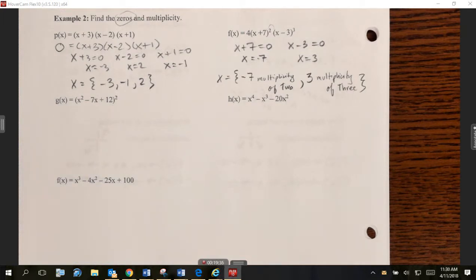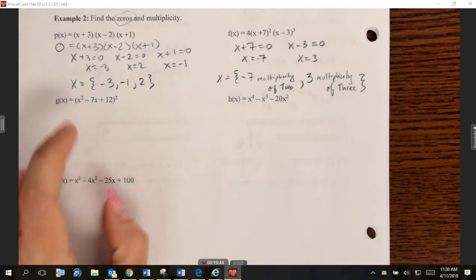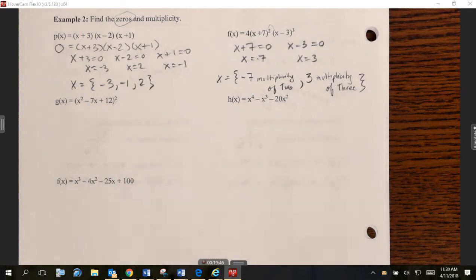When I look at this, I see it kind of factored, but it's not totally factored because we don't have linear factors. We have x squared minus 7x plus 12 as our factor. So that means I have to factor it more, if it'll factor. Otherwise, I just solve for it. Will that one factor? All right, factor it.